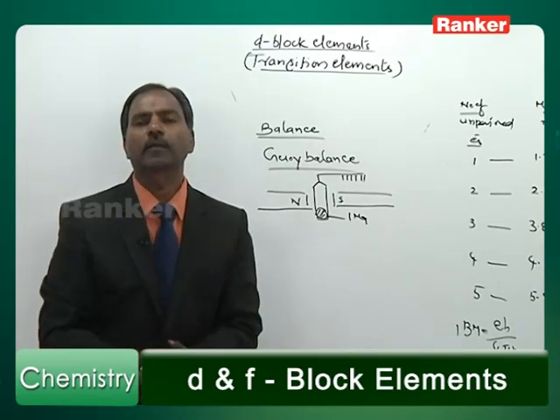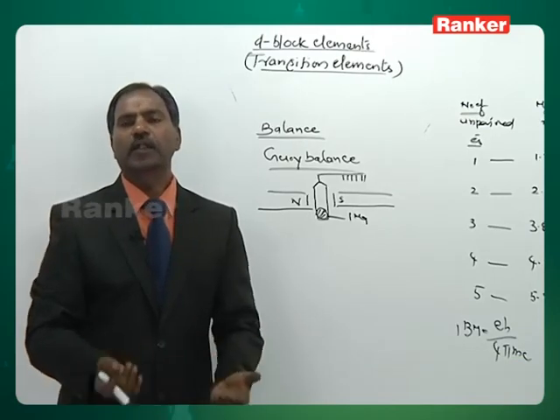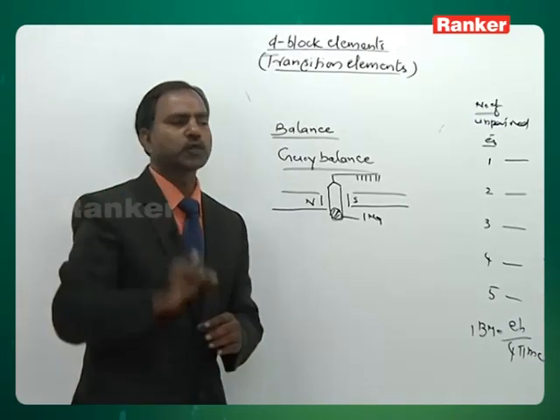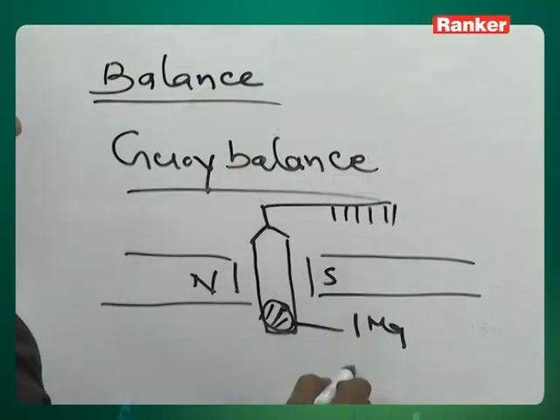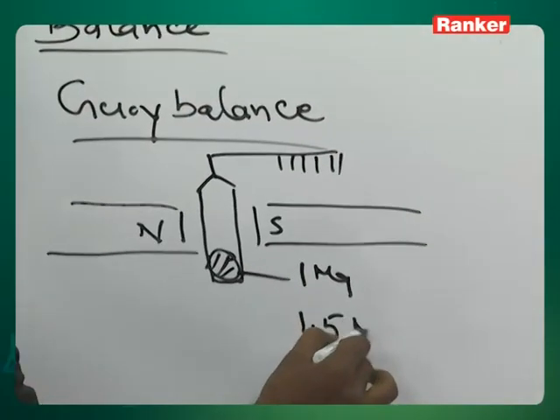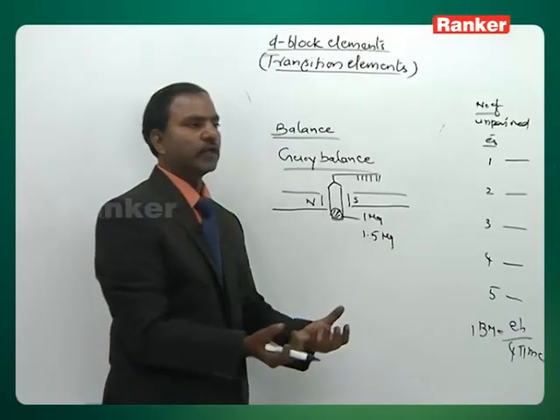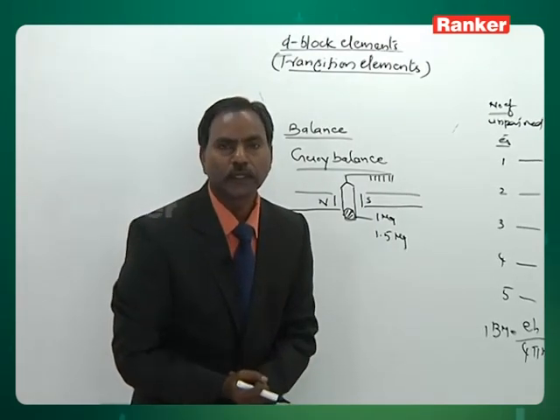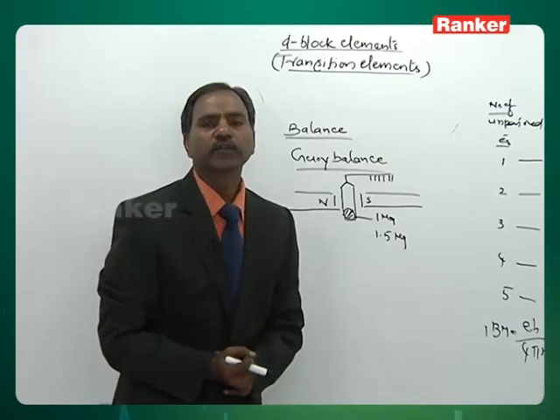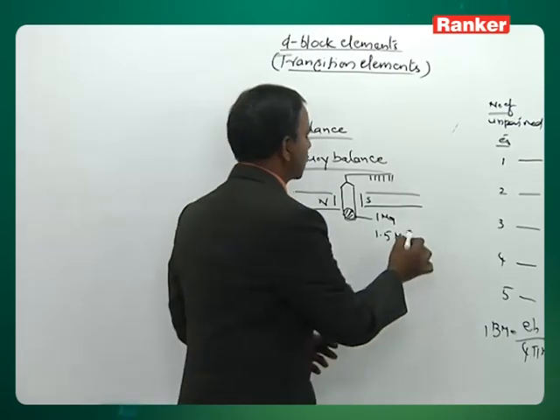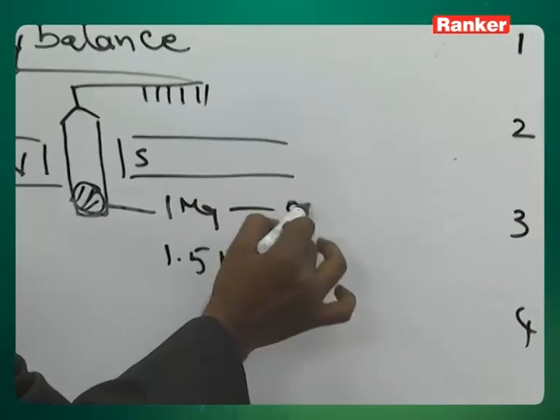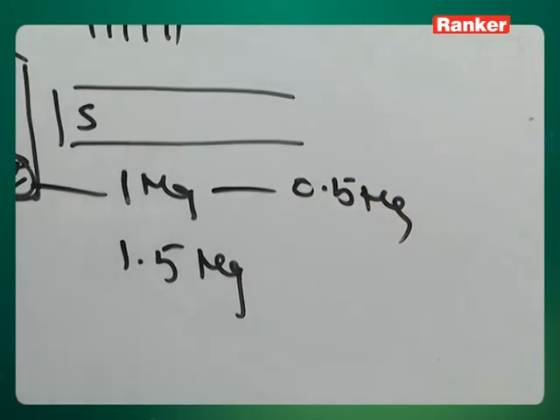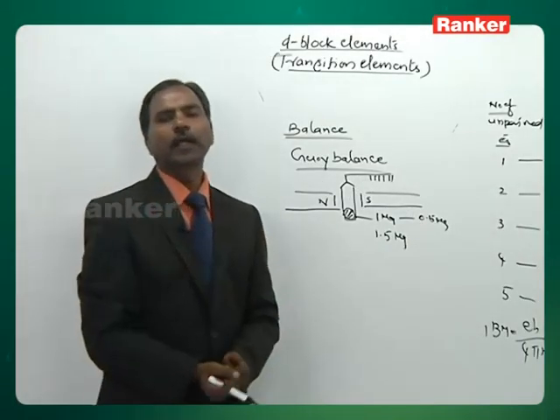It is attracted by the magnetic field, therefore its weight increases. If its weight increases, say by 1.5 milligrams, you can consider the substance paramagnetic. If its weight is decreasing, suppose this 1 milligram has become 0.5 milligram, then you can say it is repelled by the magnetic field.